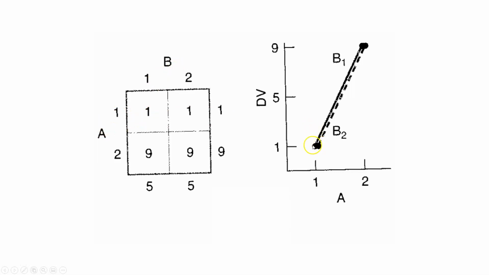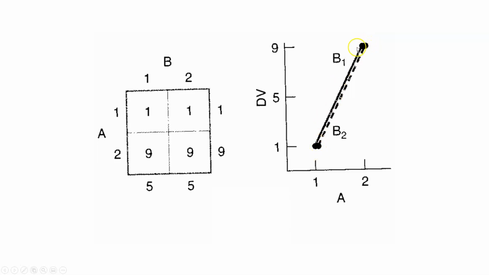So we plot both of those points at 1 and 1. If factor A level 2 and factor B1, if we're looking at the comparison there, then we would find that it's 9, and that's what that point is, and the other one is also 9, and that's what that point is, and so these two appear at 9.